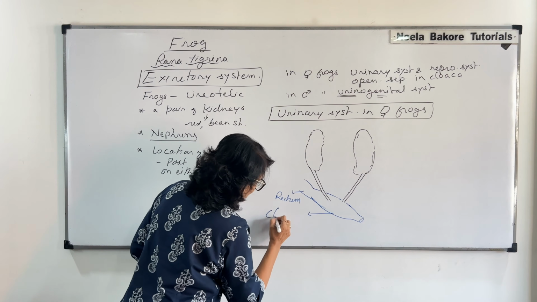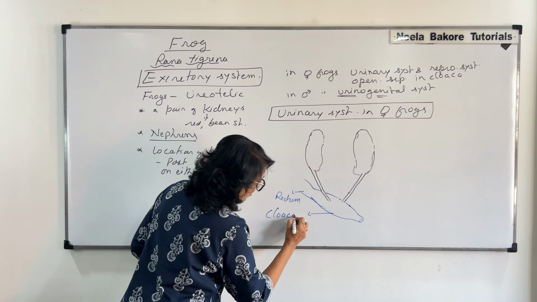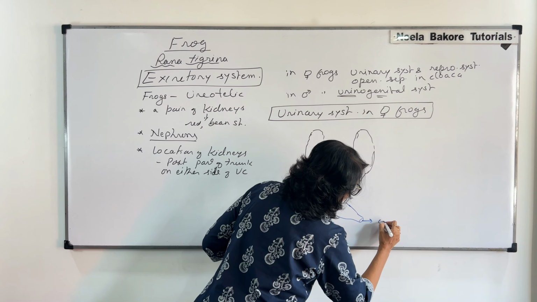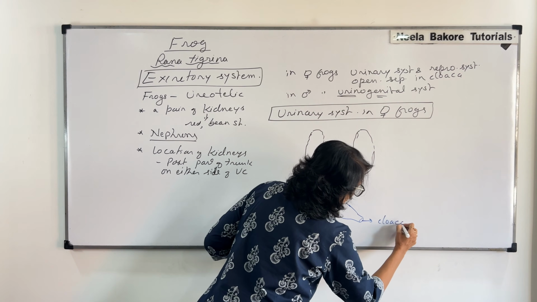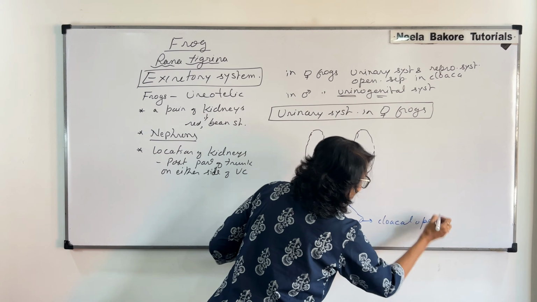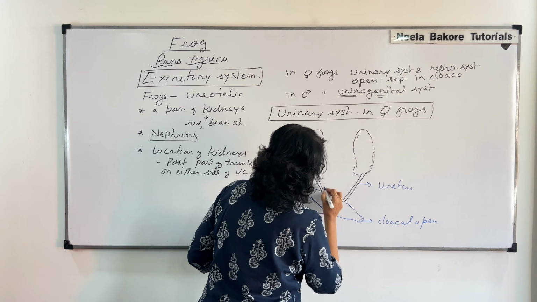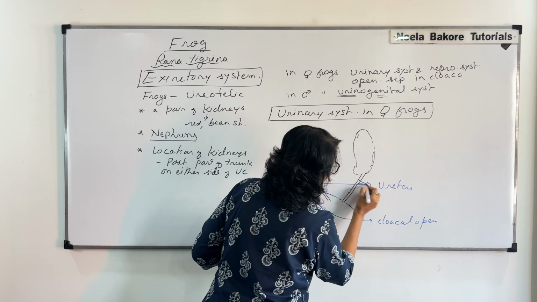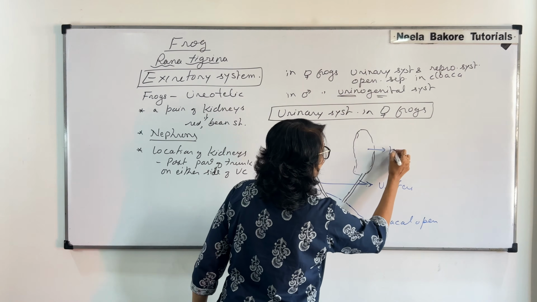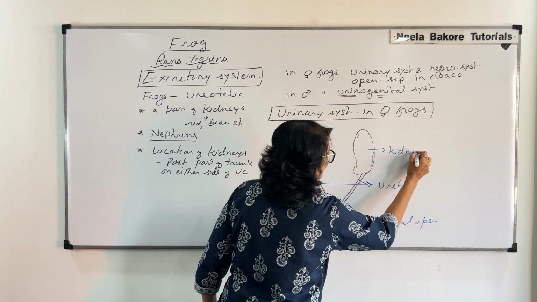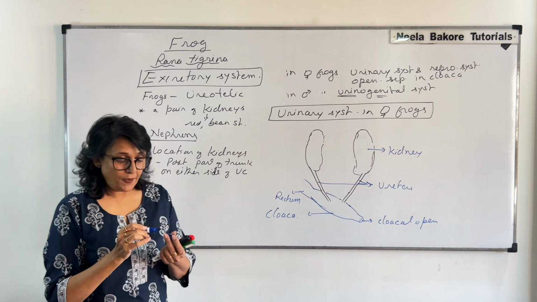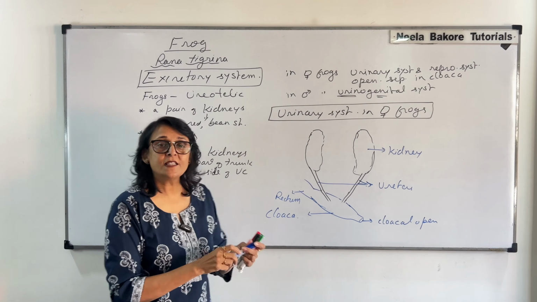This is cloaca, and this is the cloacal opening, and these are the ureters. These two are the ureters. This is the kidney.